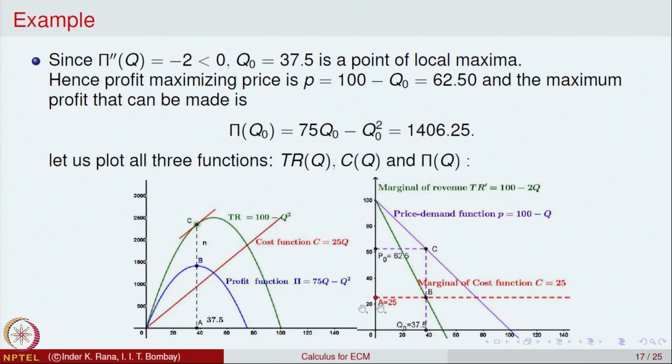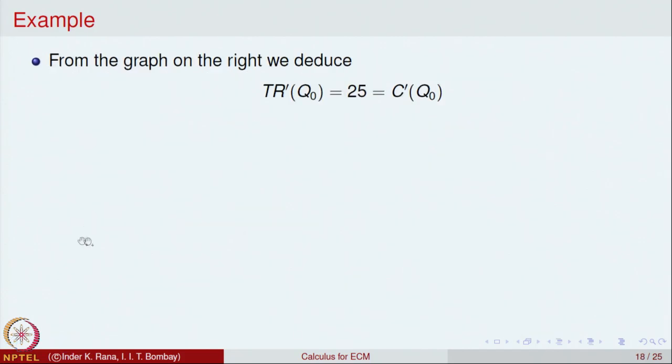We are verifying in this example that the marginal cost at the point of maximum output is the same as the marginal revenue at that point. That is the graphical illustration, and we had already checked it by mathematical formulation. So, this is what we can check on the graph: that the marginal revenue is the same as the marginal cost.